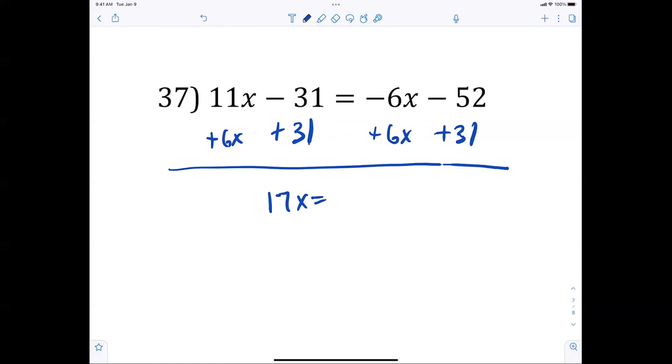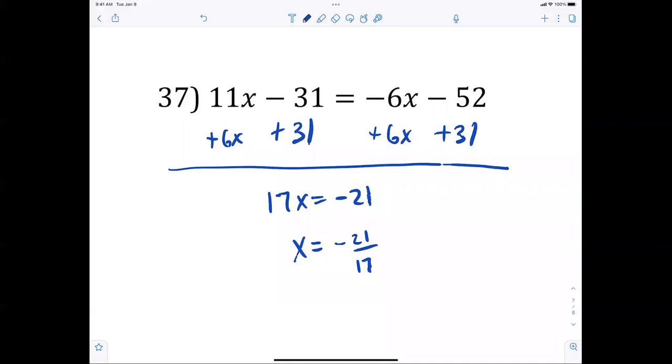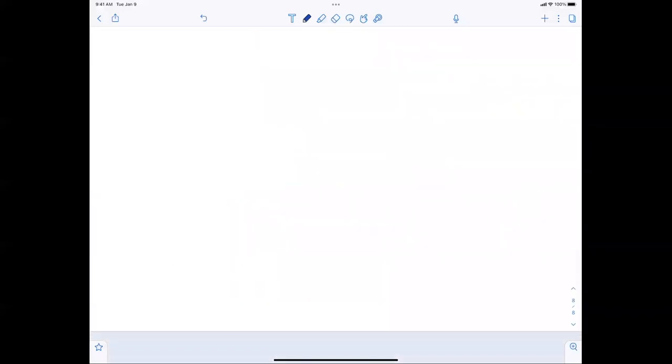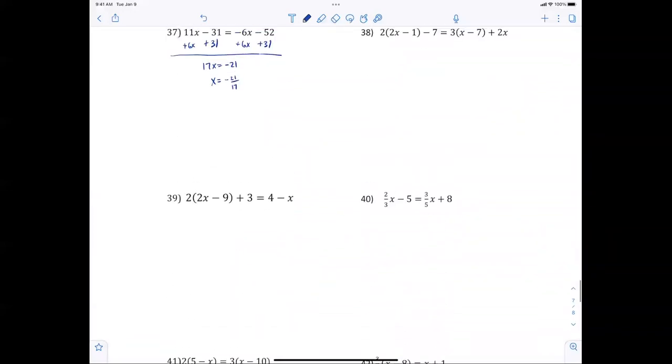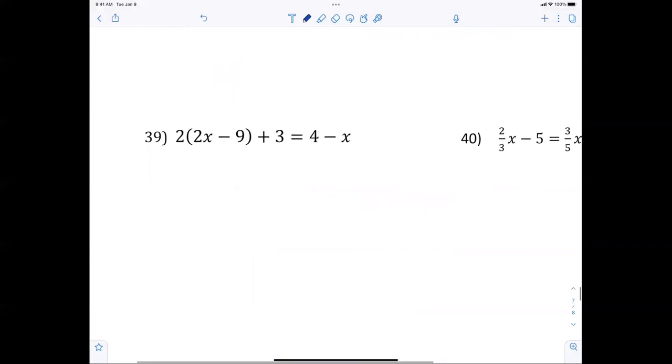What kind of 21? Negative 21. That's the answer. Just leave it as negative 21 over 17. Everybody good with that? Any issues? We're doing way better than I thought. Good job, guys.